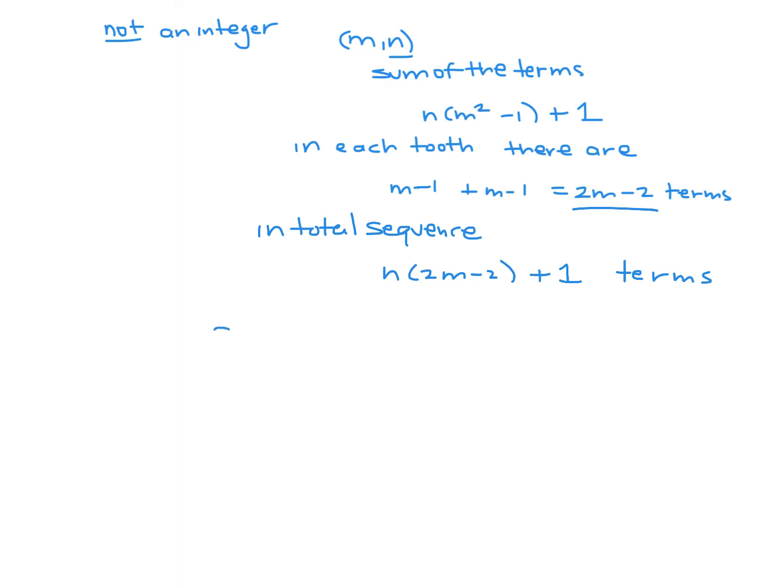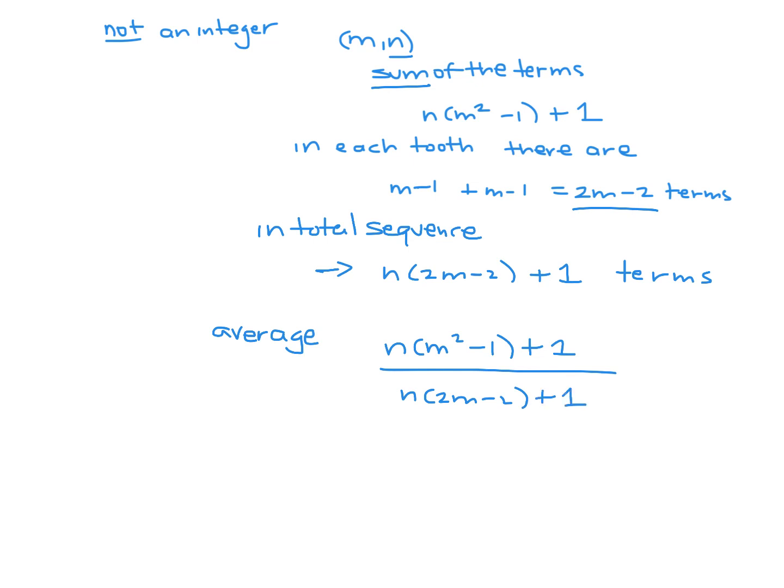So the average would therefore be, you guys know how to figure out the average, the sum divided by the total. The sum, which is right here, which is n times m squared minus 1 plus 1, divided by the total number of terms, which is right here, n times 2m minus 2 plus 1.